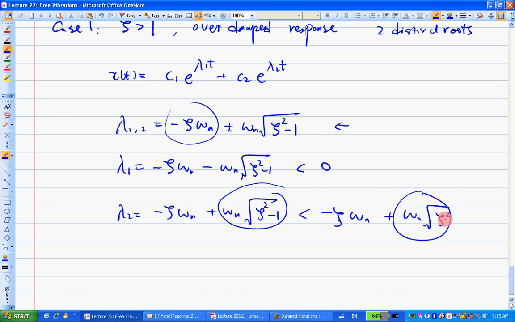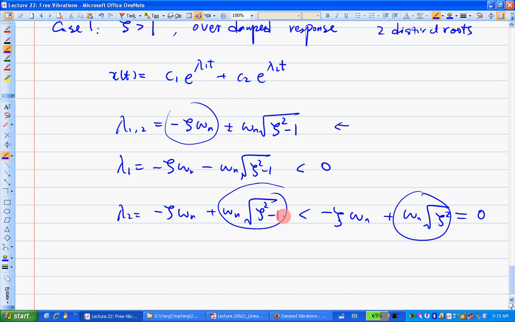So the square root of zeta squared must be greater than the square root of zeta squared minus 1, meaning this term must be less than this term, right? And this term here is essentially equal to 0. So lambda 2 is also less than 0. So both of those roots, lambda 1 and lambda 2, are less than 0.